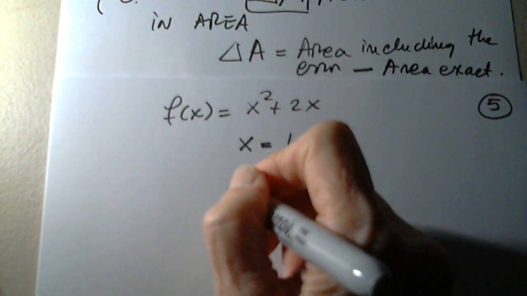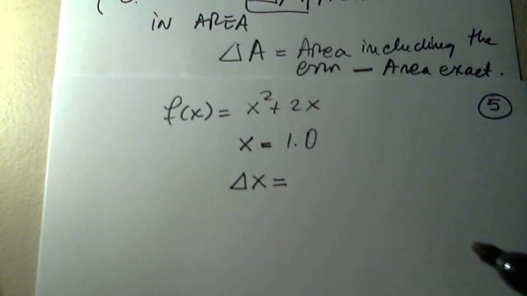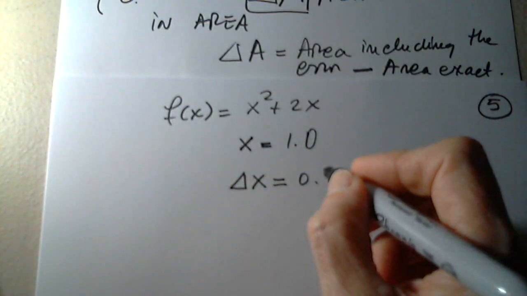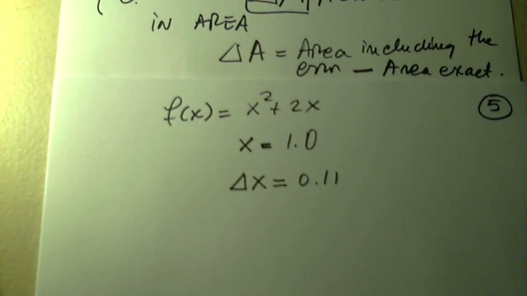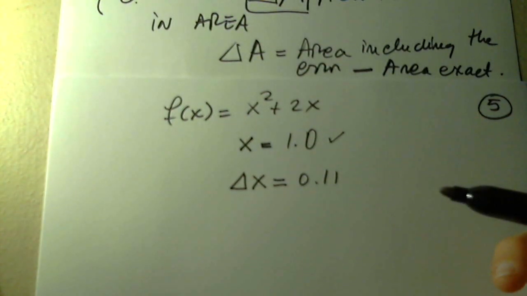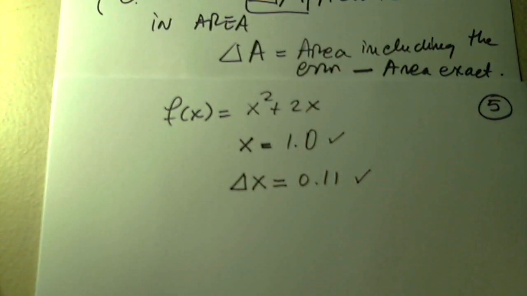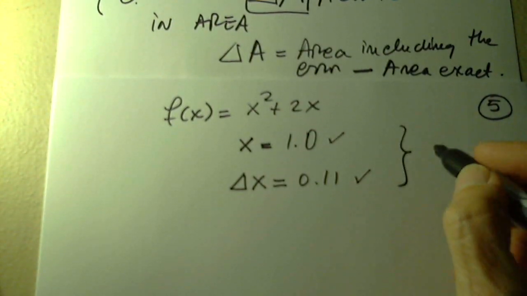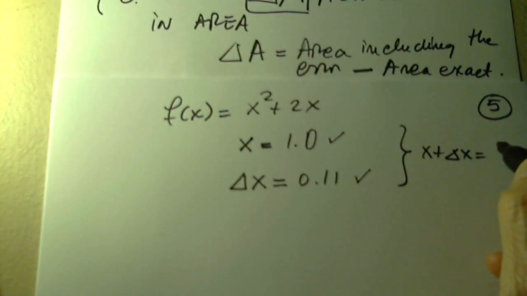But actually, delta x is 0.11. So this is what x should be, but I have an error of 0.11. So right now, x plus delta x is 1.11. Because I have this error.